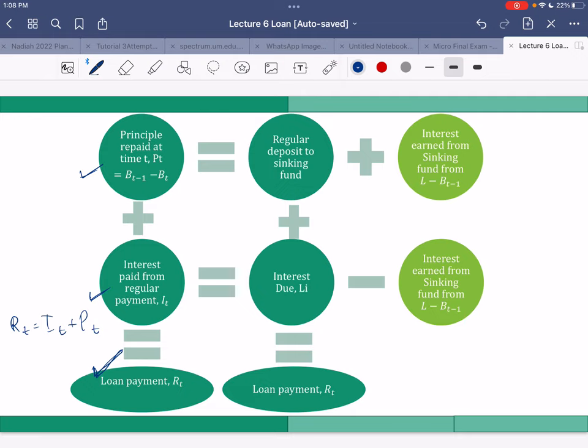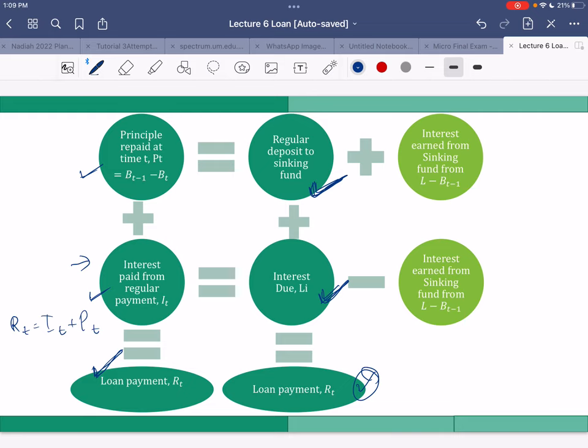We can also look at this in terms of the regular payment, which will be equal to the interest due plus the regular deposit to the sinking fund. So your regular payment pays off the interest due, and the remainder is put as a deposit to the sinking fund. This one is a bit different. This one is not interest due.